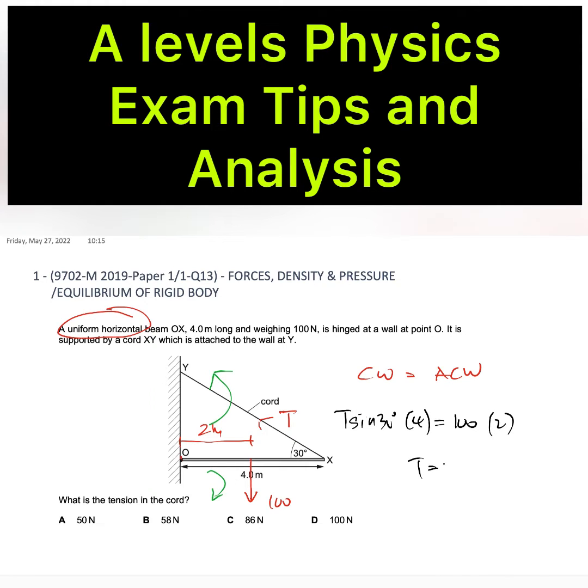So what is T? Get your calculator: 200 divided by 4 divided by sine 30. Make sure that your calculator is in degree mode. This gives you 100 Newton. Is it correct? 100 Newton. The answer will be D.